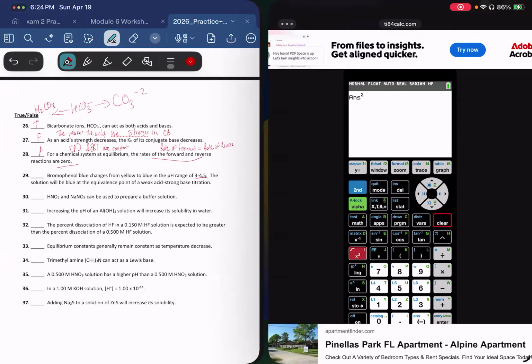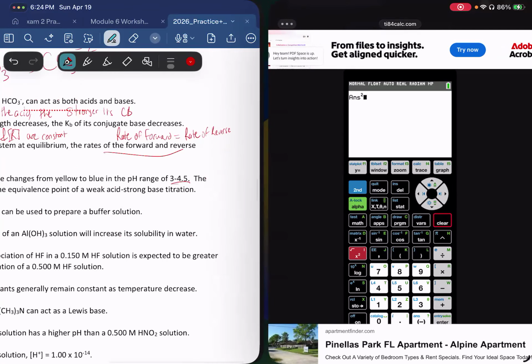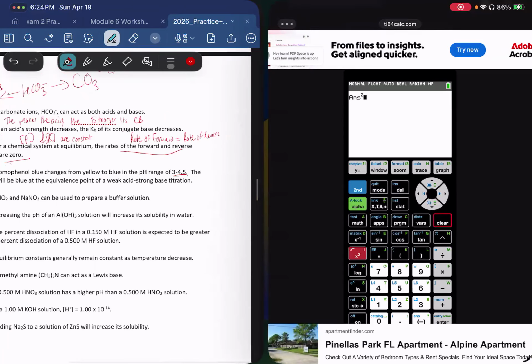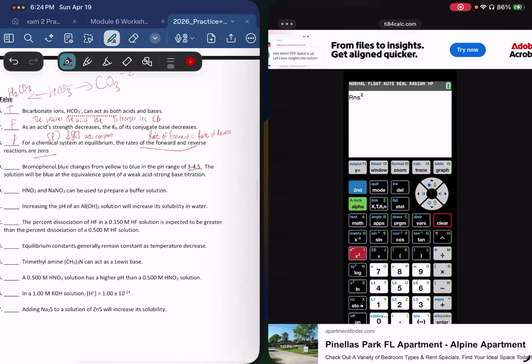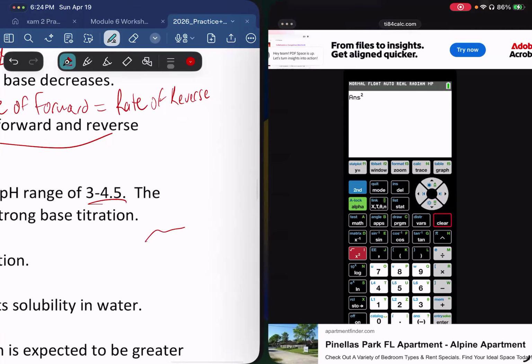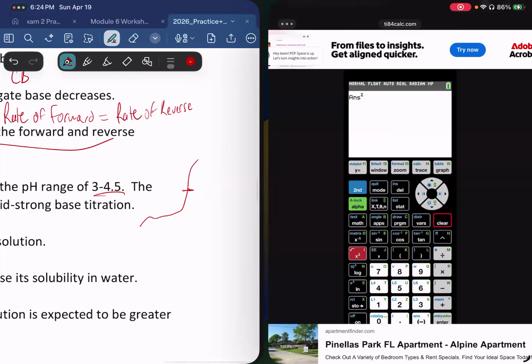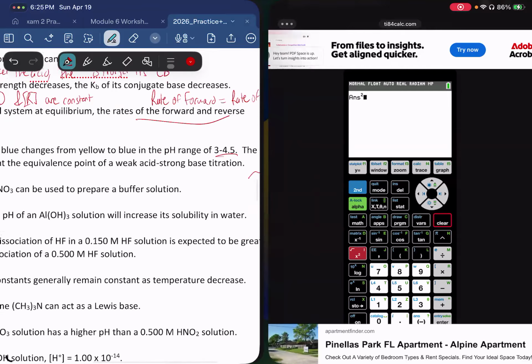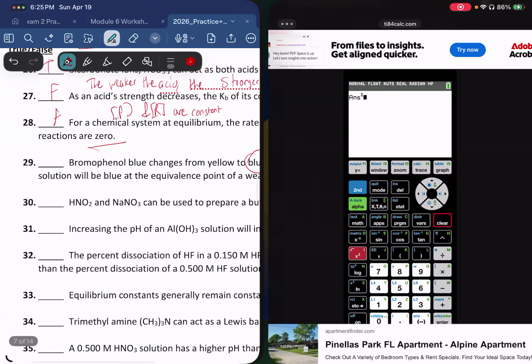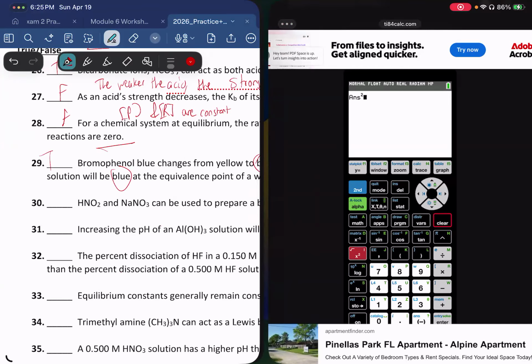The second part is going to be true in this case too. With a weak acid, strong base titration, you're going to have a pH at the equivalence point that's above 7, let's say 8. So at the equivalence point, it will be blue, which is what you see here. So that's why it's true.